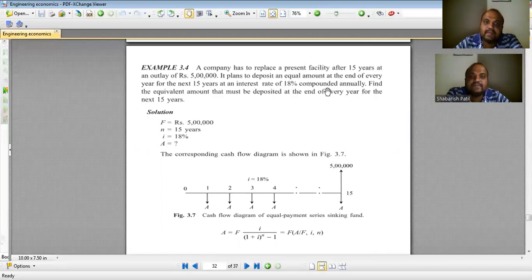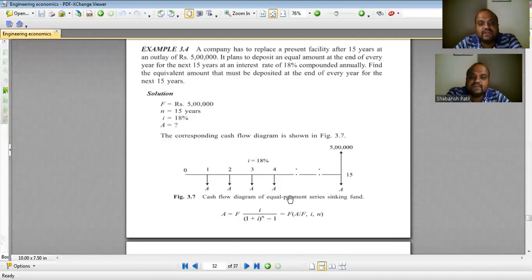N is 15 years and this is my future value. After 15 years, an outlay of rupees 5 lakhs, so that is my future value. N is 15, I is 18, and he is asking you what he must deposit at the end of every year. That is annuity he is asking.